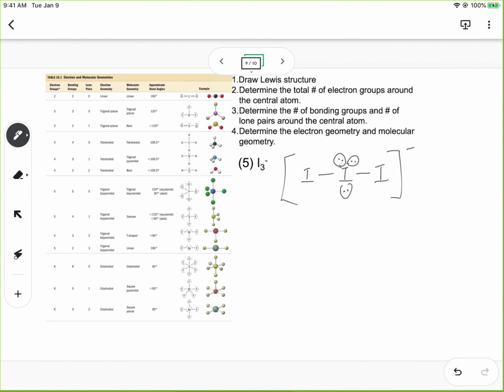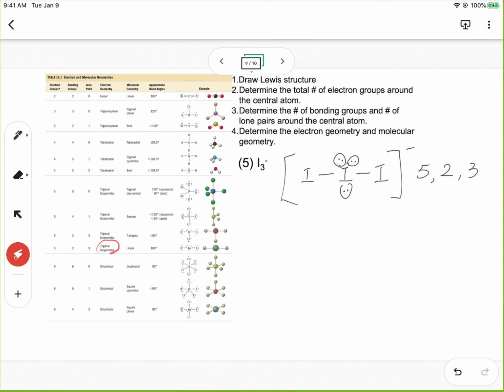The first digit is the total number of electron groups: you have 3 lone pairs and 2 bonding groups, therefore the first digit is 5. The second digit is the bonding groups, that's going to be 2. With 3 lone pairs, the last digit is 3. So 5, 2, 3. Where is it? Right here, 5, 2, 3.